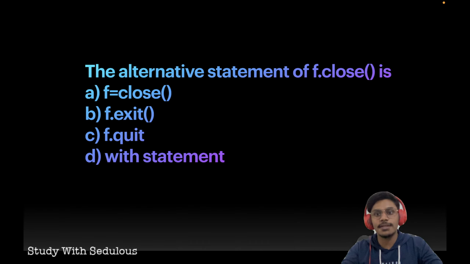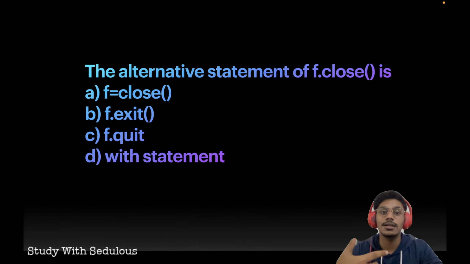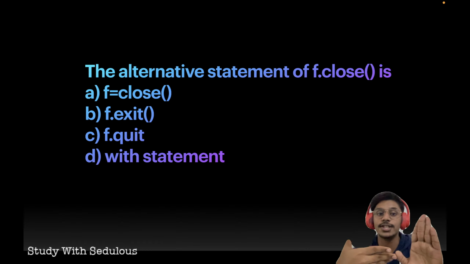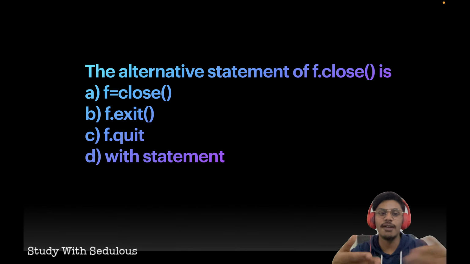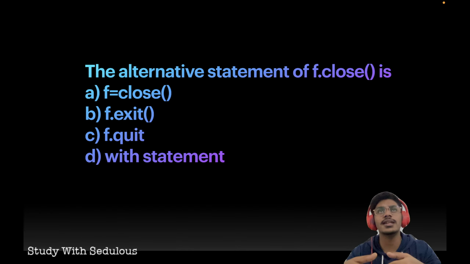The alternate statement of f.close. Again, f.close, what can we do about that? F is equal to close. Actually, that doesn't make sense, because in that we are saying f is a variable which has a function value. No. Then B, f.exit. We don't have a function like exit in my knowledge.